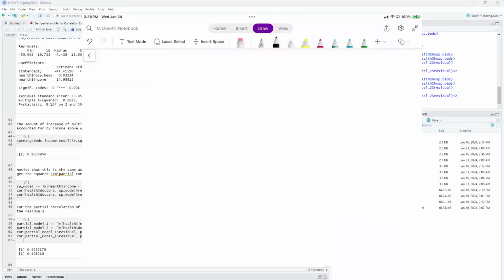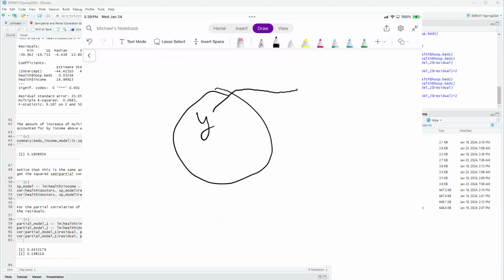I often learn a lot when I use extreme examples, so let me use an extreme example here to provide a better understanding of the difference of semi-partial and partials. Let's suppose that we have a variable y, and let's suppose we have a variable that is extremely highly correlated with y. In fact, let me move the y out here.